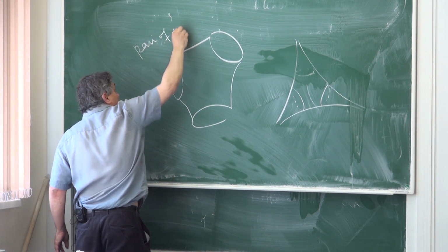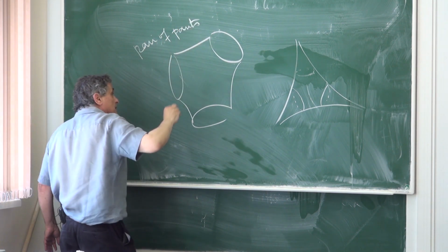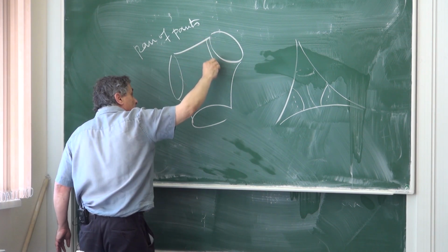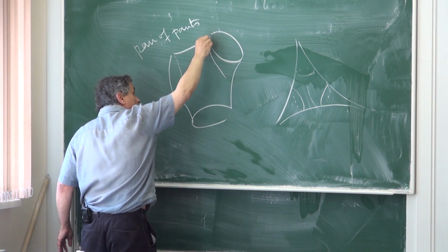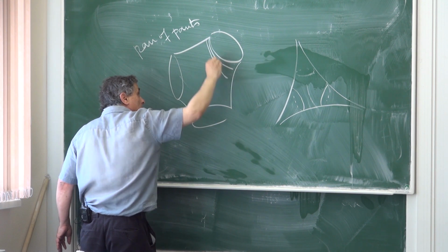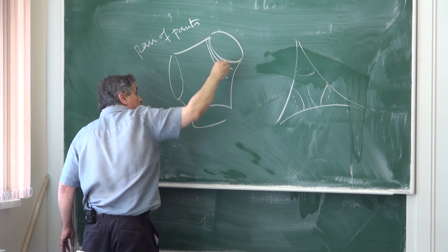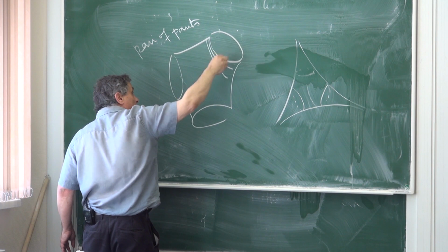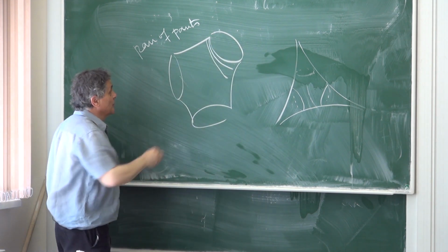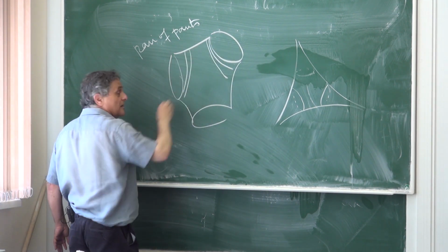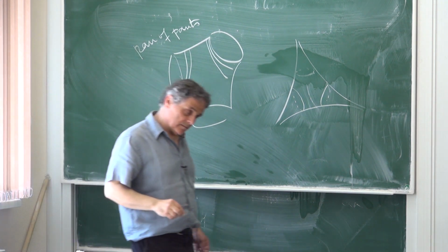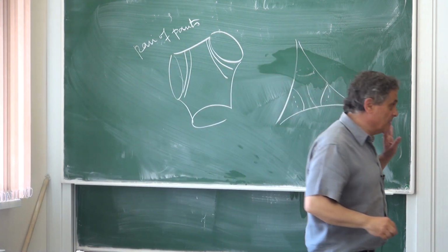A pair of pants, a surface like this, where the triangles here spiral along this boundary component, spiraling here. I will say a few words about this. Why do I get this?